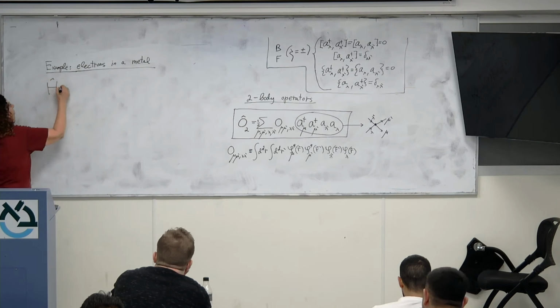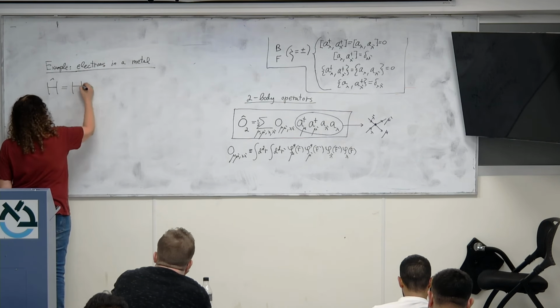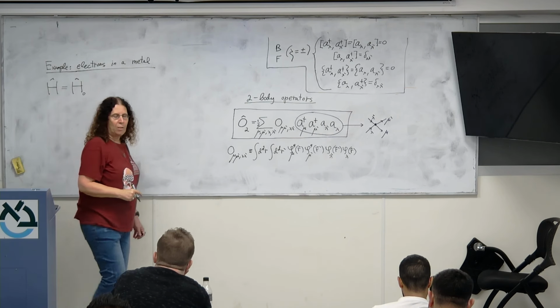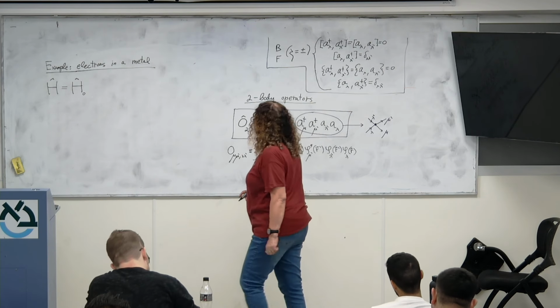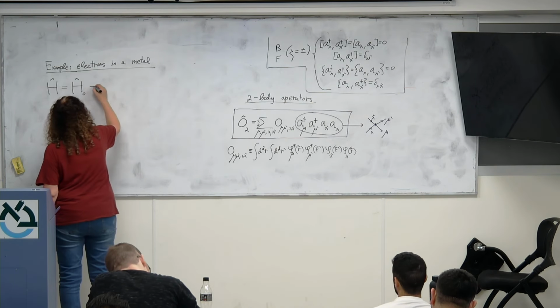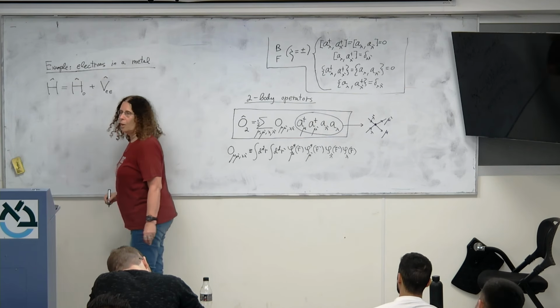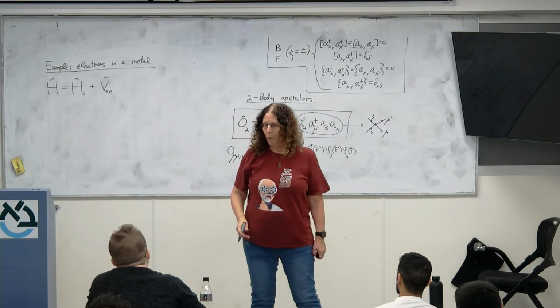So let me write the Hamiltonian. It's composed of two terms. The first, which I call H0, is just the kinetic energy, the free particle part, plus there is the electron-electron interaction, and that electron-electron interaction is Coulomb interaction.